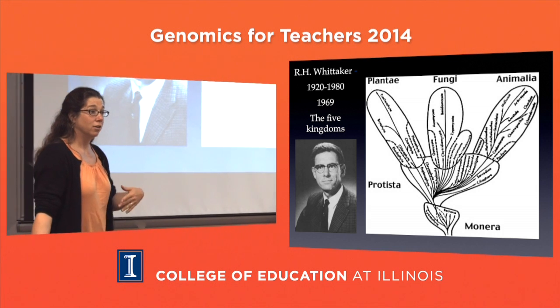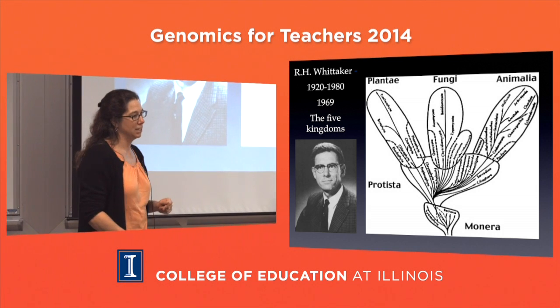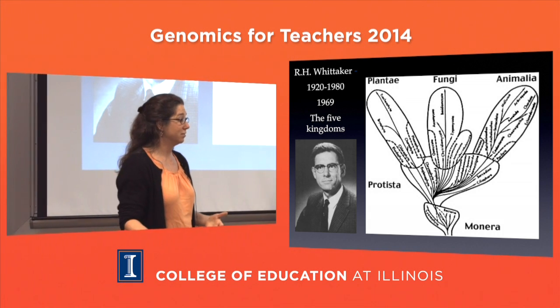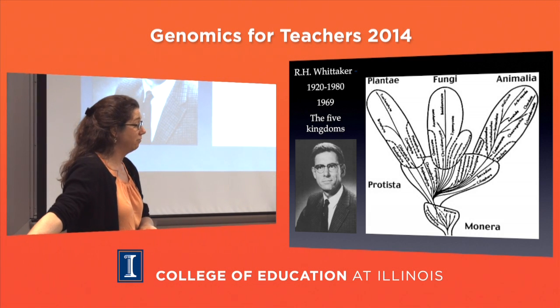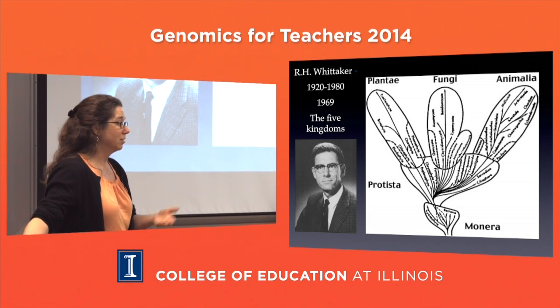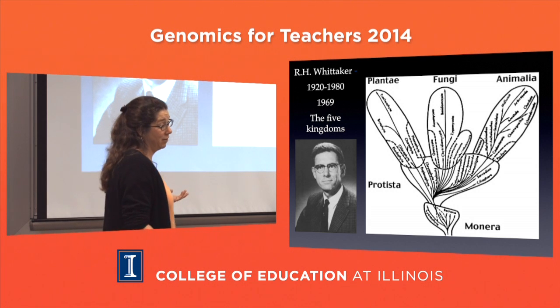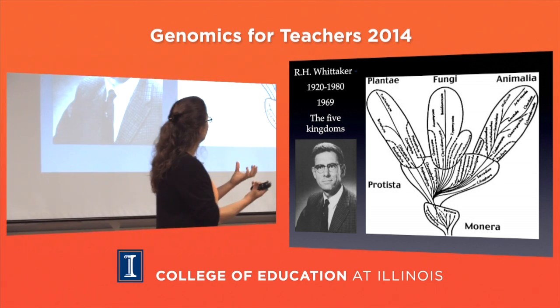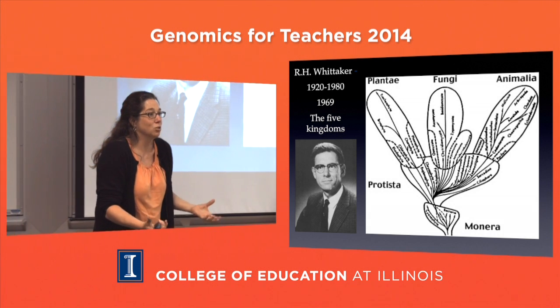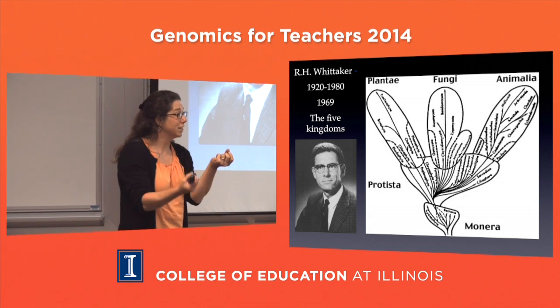Because they had Koch's postulates. I took that part out because I didn't think I'd have much time. But a lot of it developed from Koch's postulates, and all that stuff was already figured out. So they knew that they were bad, and some people were starting to figure out that they were also good because they'd looked at soil and stuff, but they didn't know how they were related to everything else, or what they really were, or who was related to each other.